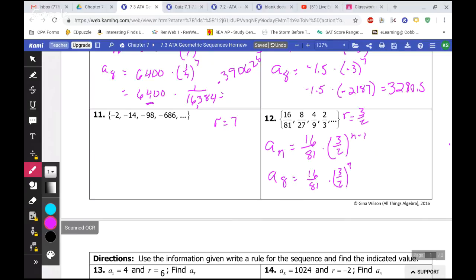Let me see what I can work out. That's going to be the same as 1.5. So I think I might do it that way. 1.5 raised to the 7th power.